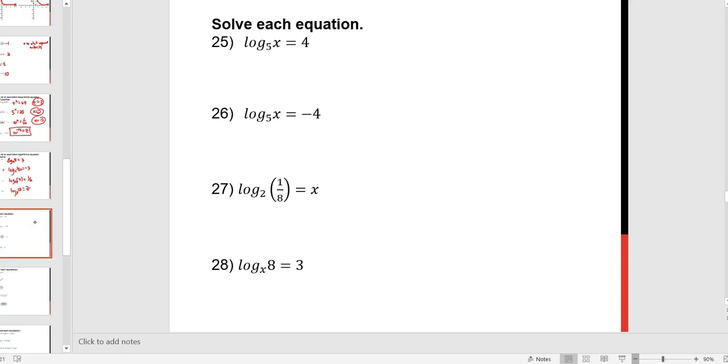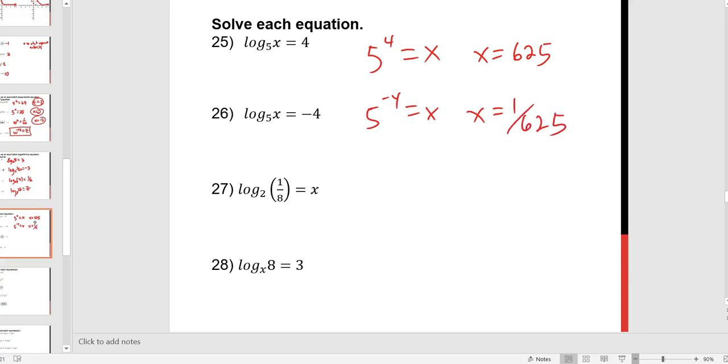We're rewriting these in exponential form and solving them. So 5 to the exponent 4 is equal to x. 5 to the fourth is 625. This becomes 5 to the -4 equals x. That would be 1 over 625.